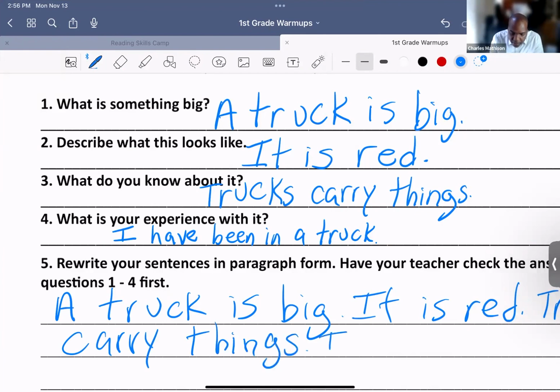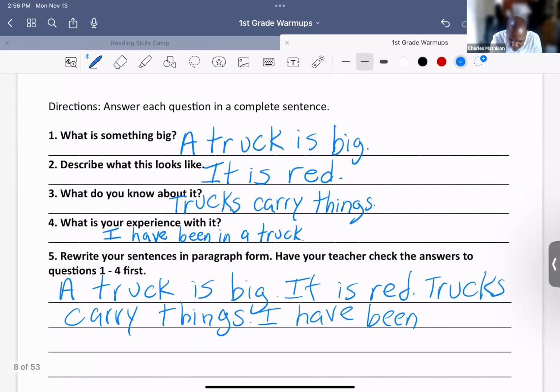I have been in a truck. Okay, so now you see we have a paragraph, a 4-sentence paragraph. Paragraphs can be many, many sentences, but since we're just beginning to learn how to write, we're only going to use 4 sentences. So good job following along.